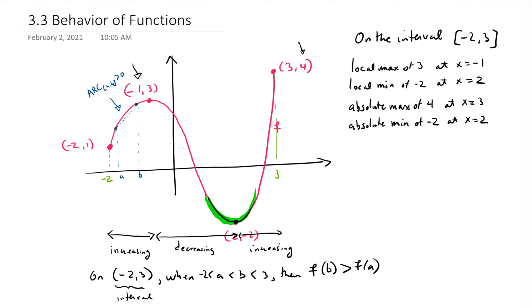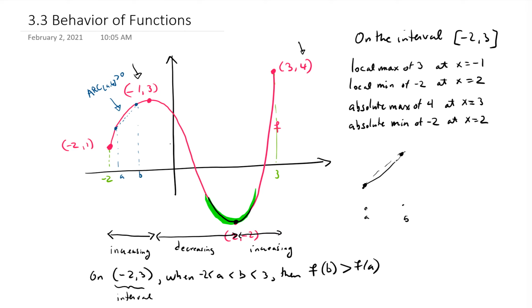When you have this condition, A less than B implies f of B is greater than f of A, right? So A less than B implies that f of A is less than f of B, which means that f of B is higher.